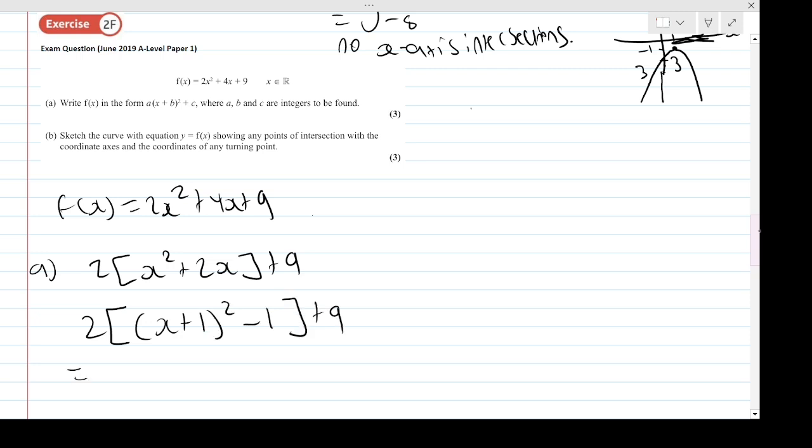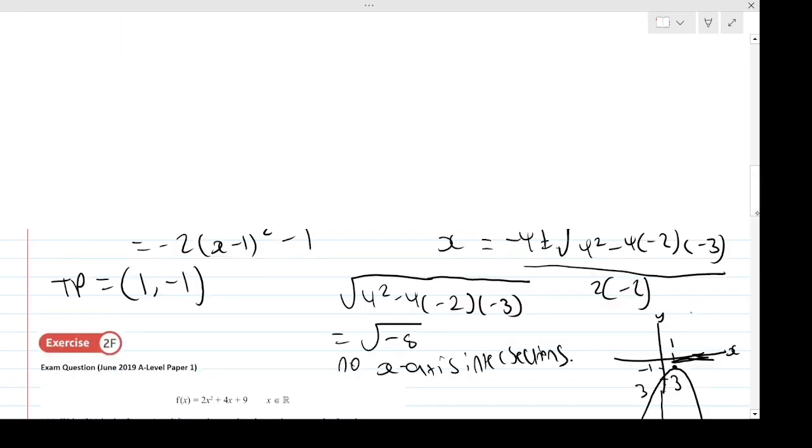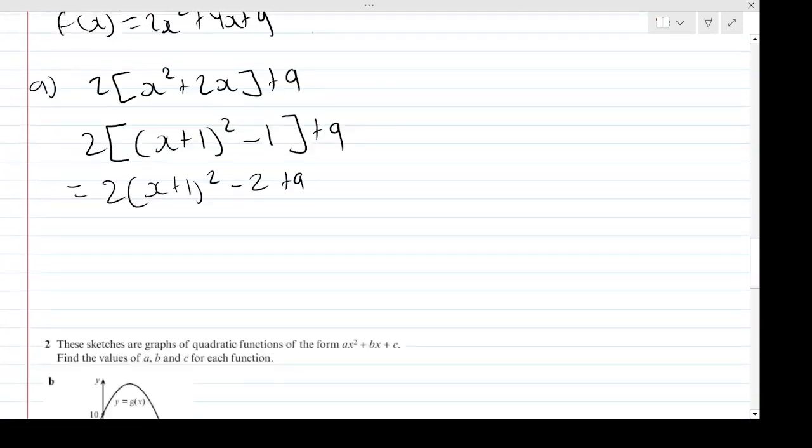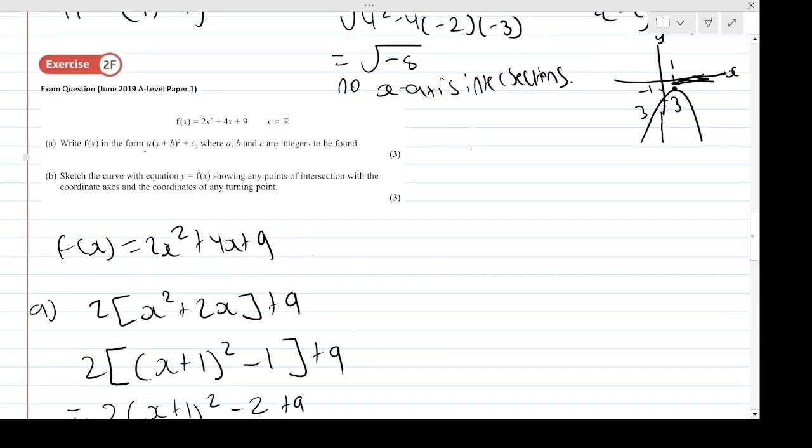Then you're going to expand it, so we have 2 lots of x plus 1, all squared, take away 2, add 9. And so then that's going to get us 2 lots of x plus 1 all squared plus 7. There we are, we wrote it in the form that they wanted us to do.